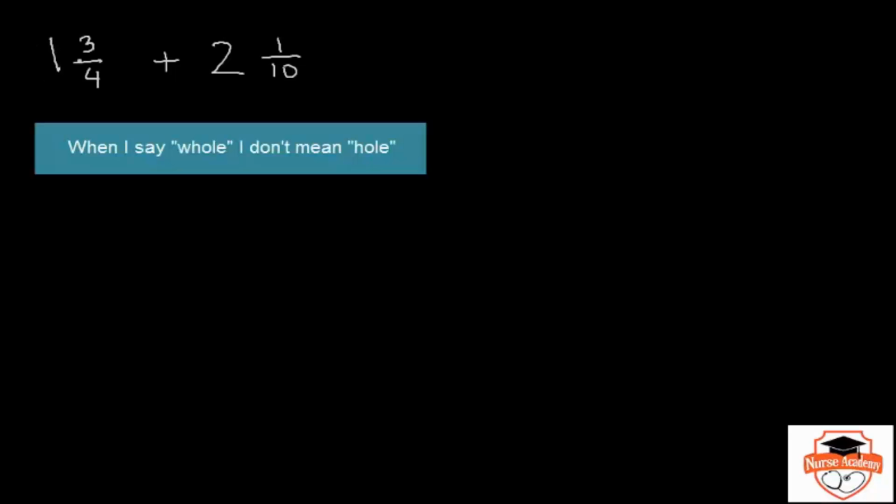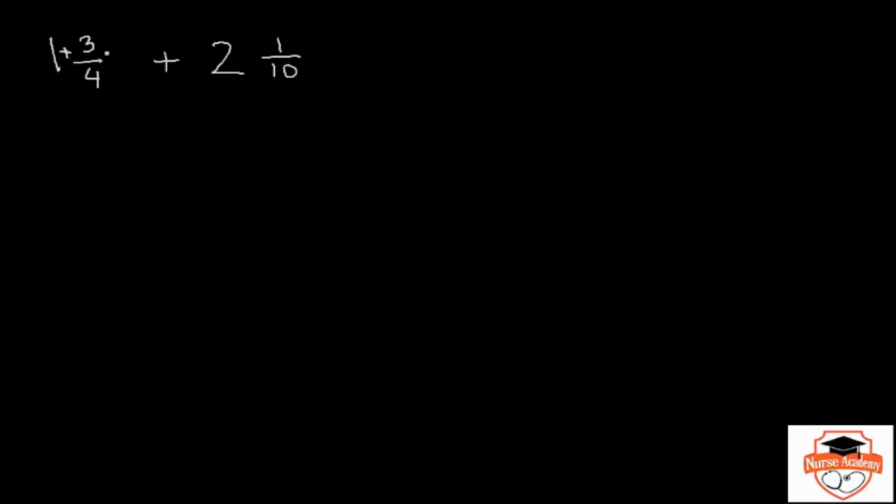How do you add, let's say, 1 and 3/4 with 2 and 1/10? Well, recall that 1 and 3/4 means 1 whole plus, there's a small plus here that we don't write, it's implied. It means 1 whole and 3/4 from the other one.